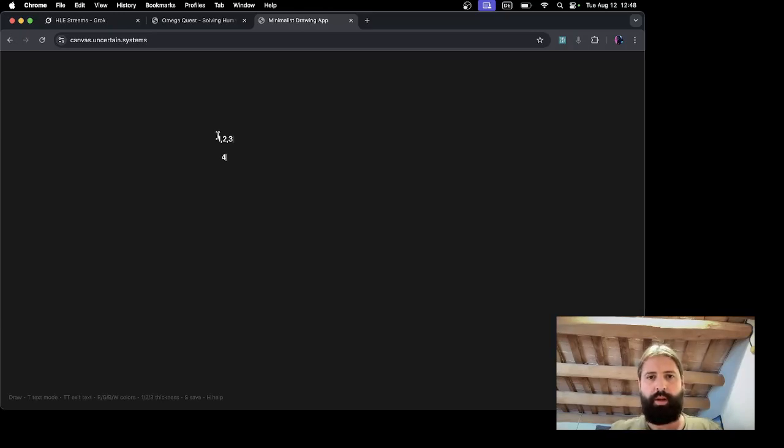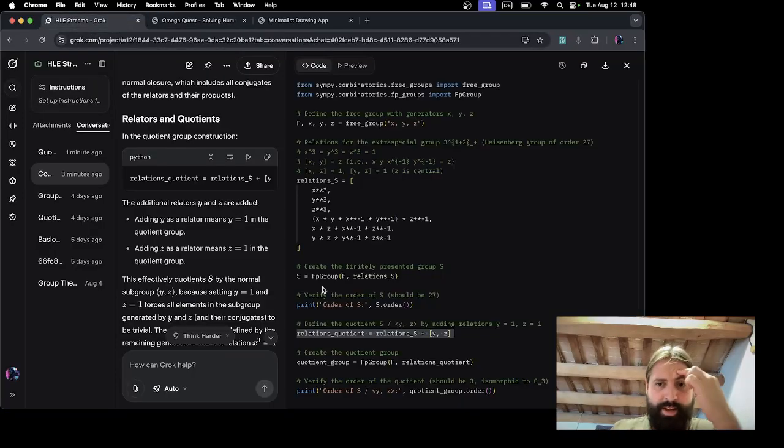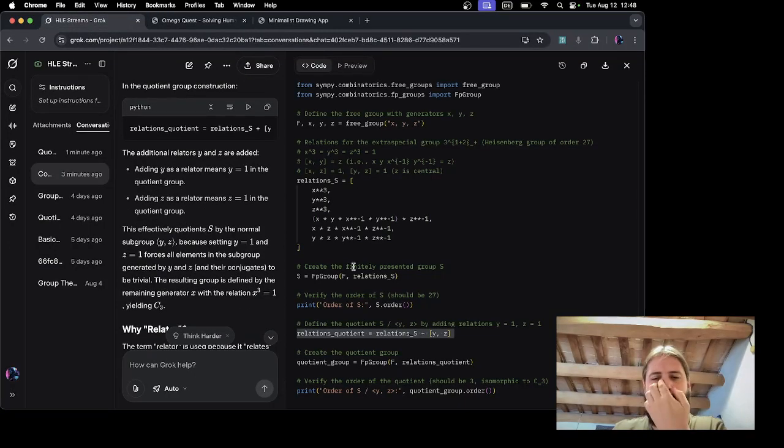So 4 equals 1, 5 goes to 2, etc., right? So you have that relation where you're mapping. In my head, I'm reading these like that. You're picking 2 generators and saying y is equal identity and z equals identity.